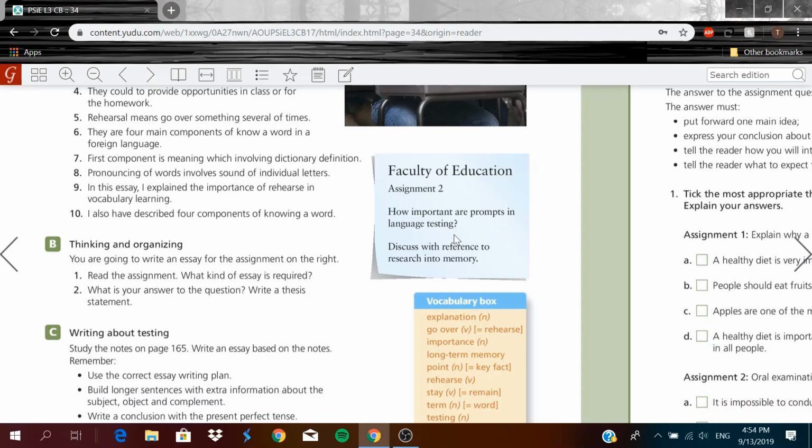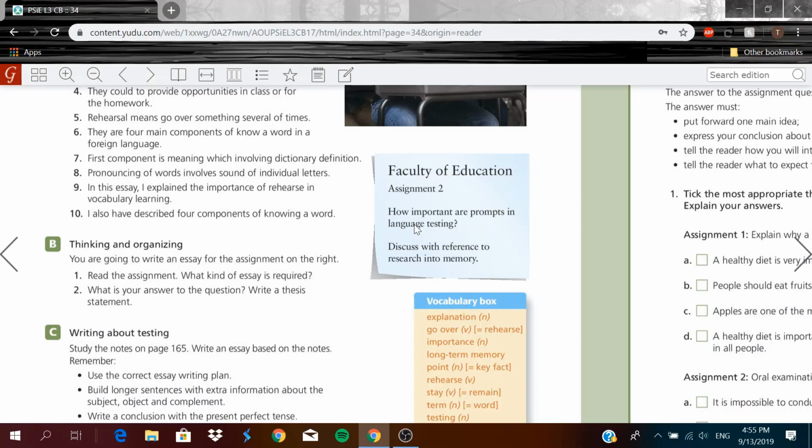That's correct. It's, again, an argument essay that we talked a lot about. So what is your answer to the question, and write a thesis statement. What is your personal answer to the question? If I ask you how important are prompts in language testing, how would you answer me? You can answer by saying a thesis statement or writing one down.